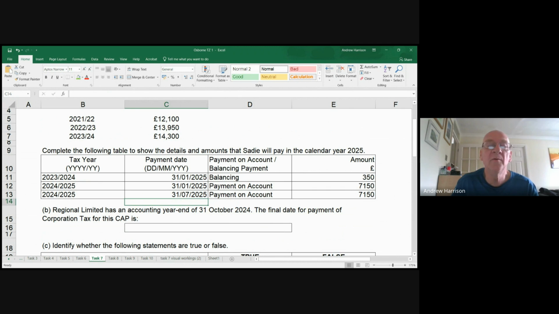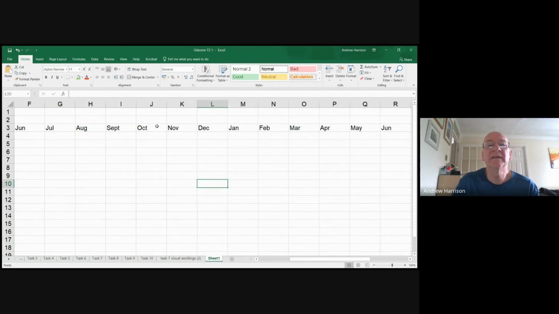But the rule we're interested in, this is a small company. Annual profits less than 1.5 million. It doesn't actually say that in the question, but I happen to know that. Wording missed out the question, I think. 9 months and 1 day after the end of the accounting period. So fingers time, or I can do it nice and easy on here. Maybe make it a bit bigger.